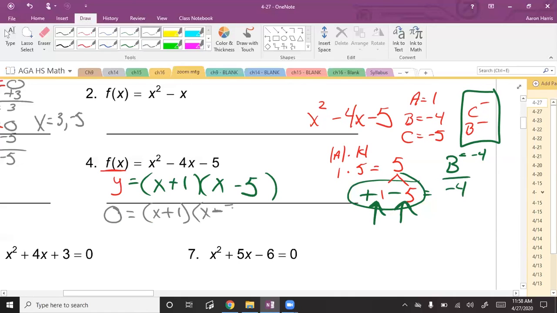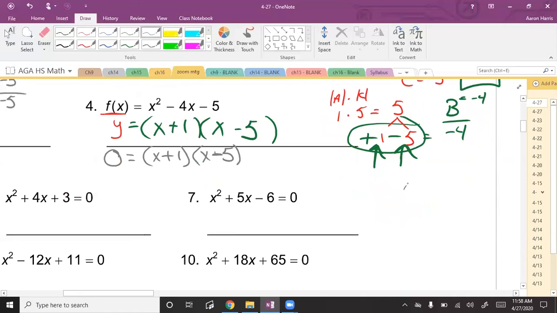And now all I have to do is set these equal to 0. So x plus 1 is equal to 0. So just minus 1 minus 1. X equals negative 1. X minus 5 equals 0. Plus 5 plus 5. X equals positive 5.